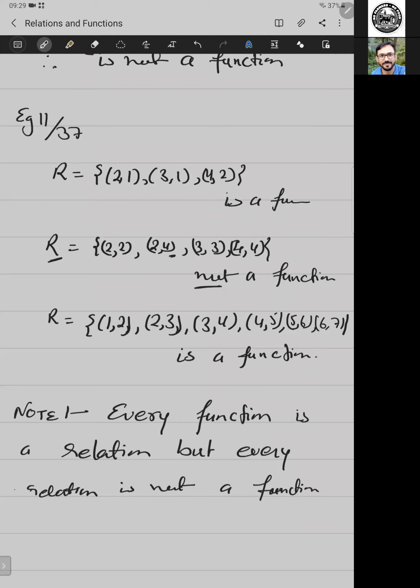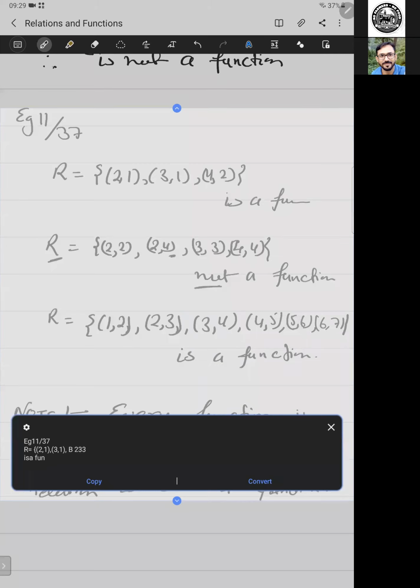Every function is a relation, but every relation is not a function. This thing we must keep in mind. It is really a very, very important thing. We must be able to think on it.